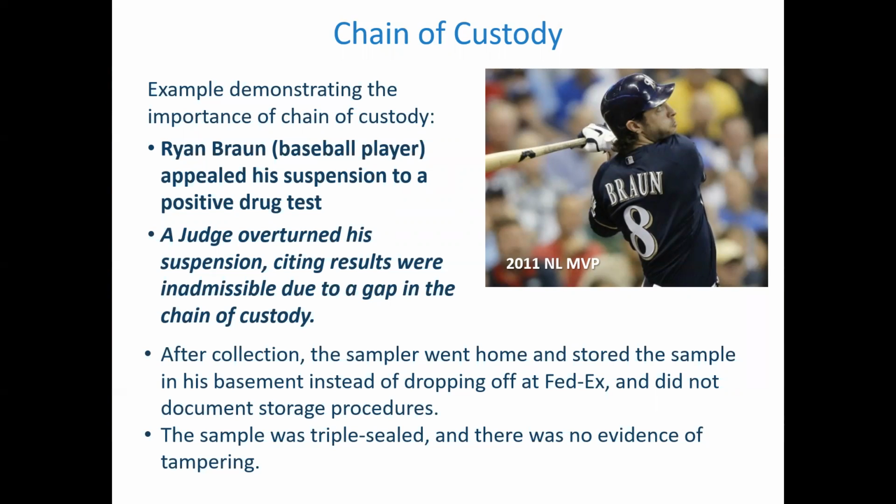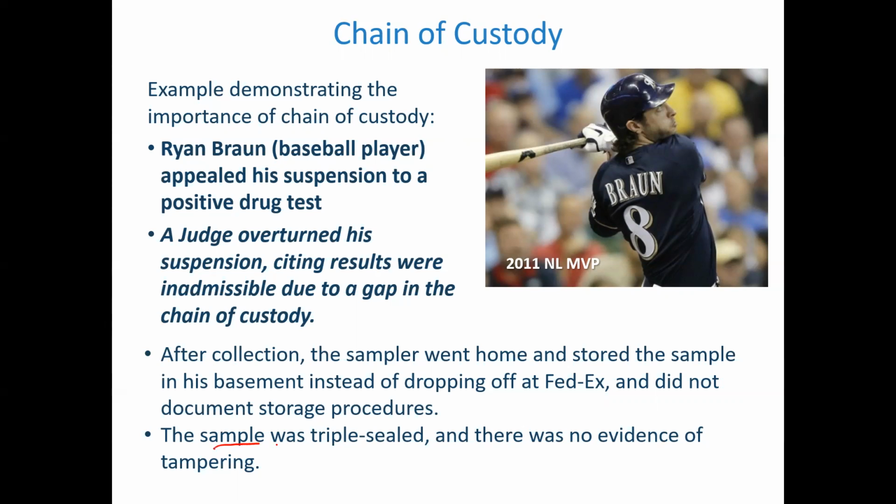Simply, the sampler didn't make it to the FedEx office in time, and he stored it in his basement and didn't document all this. So there was no evidence of sampling, and the judge overturned the results. You can see how significant this can be. You can imagine with any multi-million-dollar investigation how tight this kind of thing has to be.